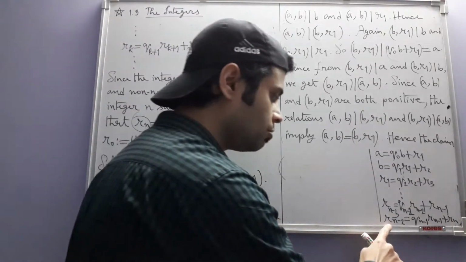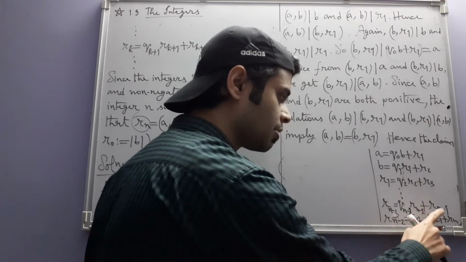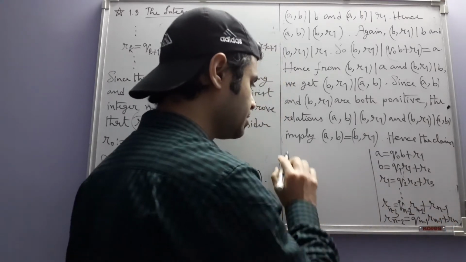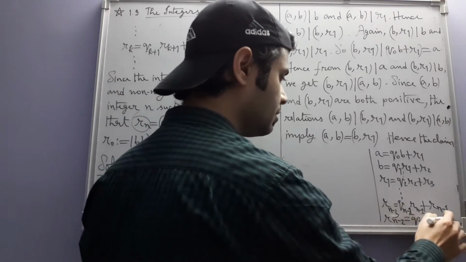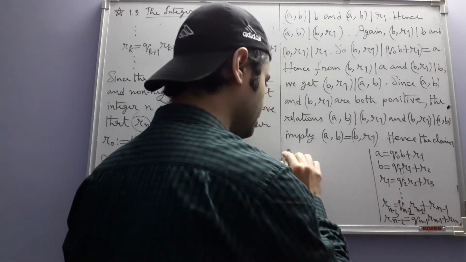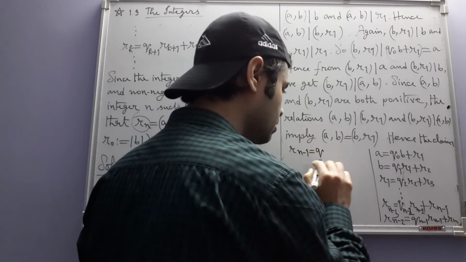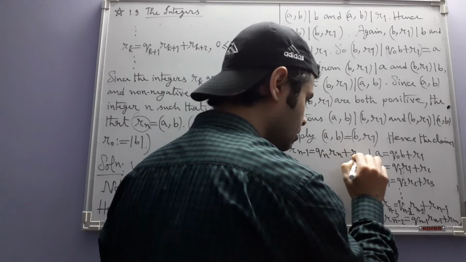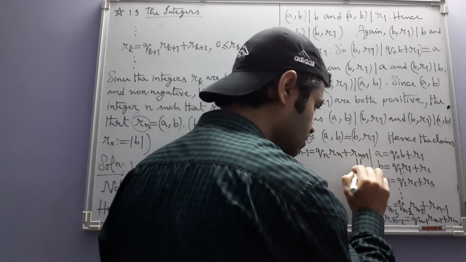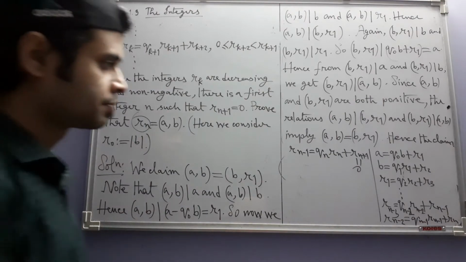Rn minus 2 is equal to Qn minus 1 times Rn minus 1 plus Rn. And there is one more equation, that is, we are dividing Rn minus 1 by Rn. That gives me Rn minus 1 equal to Qn Rn plus Rn plus 1, but this is equal to 0. So here the process stops.